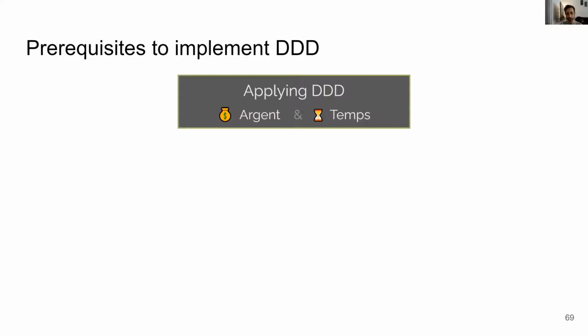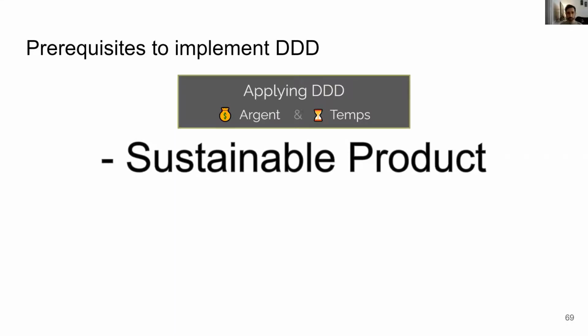We should use the same ubiquitous language in our code, in our conversations, in our documents, and that alignment takes time. To implement DDD, you should have a sustainable product. You will not implement DDD on a product that is temporary, that will be deleted in 1 month. You should have a sustainable product that lives long.